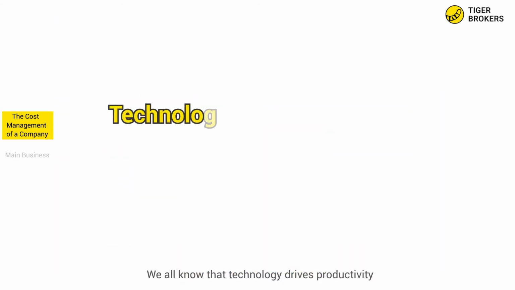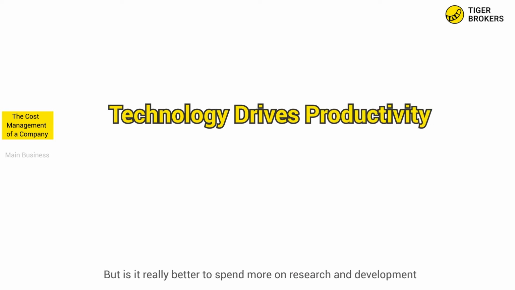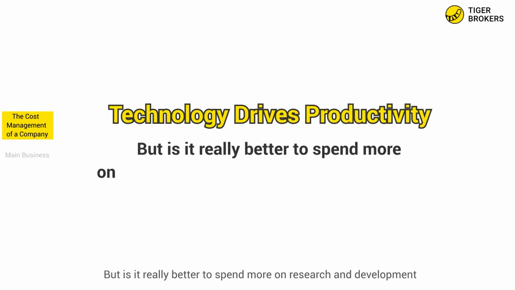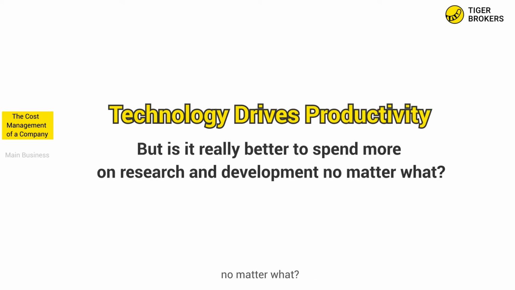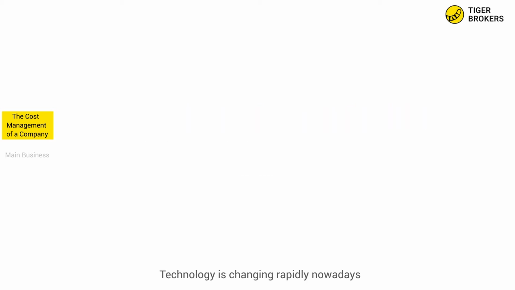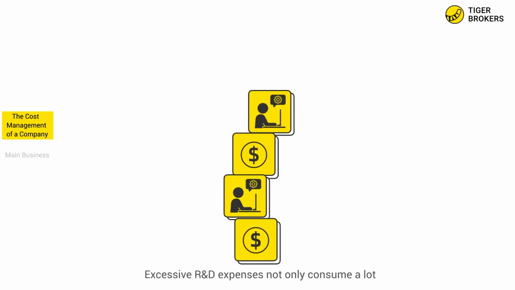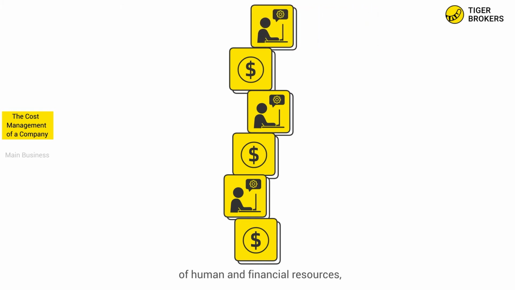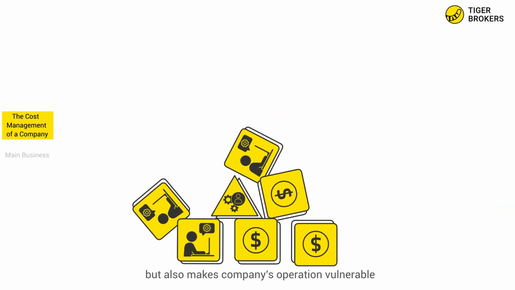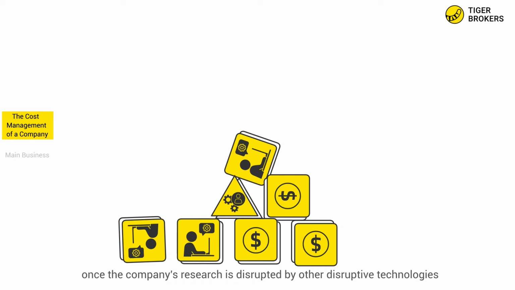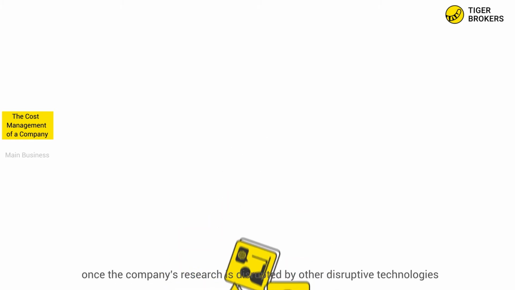We all know that technology drives productivity. But is it really better to spend more on research and development no matter what? Of course not. Technology is changing rapidly nowadays. Expensive R&D expenses not only consume a lot of human and financial resources, but also make companies' operation vulnerable once the company's research is disrupted by other disruptive technologies.